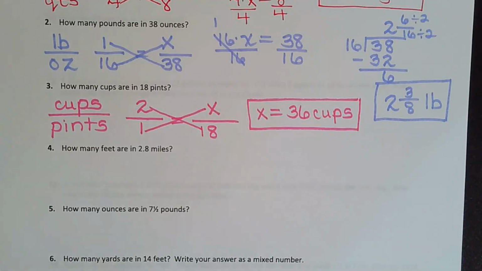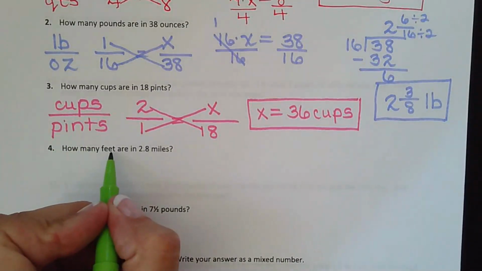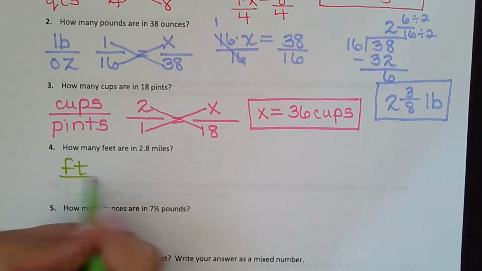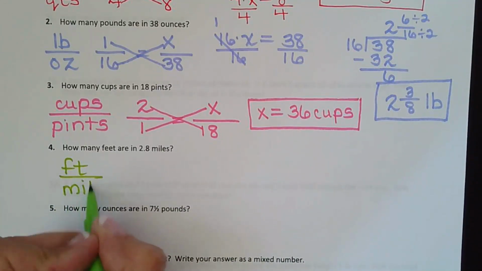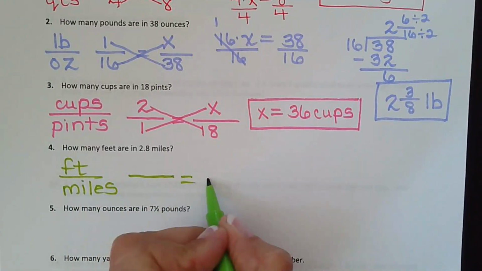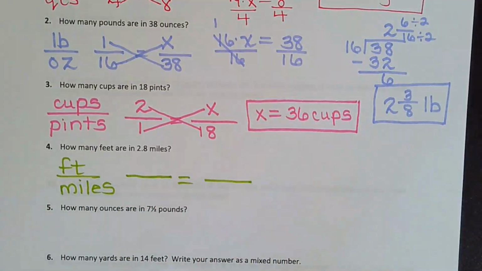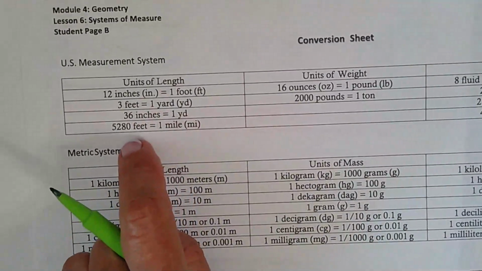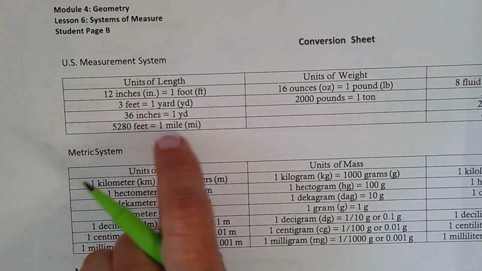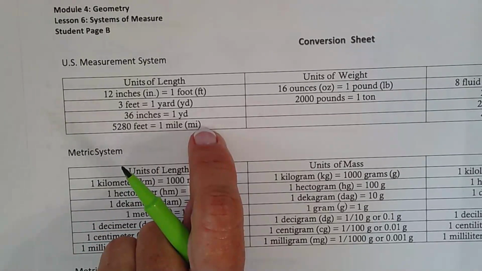Okay, so next we have feet and miles. So feet over miles. So set up our 2 fractions. Go to our conversion sheet. Feet and miles are length. So 5,280 feet in 1 mile.